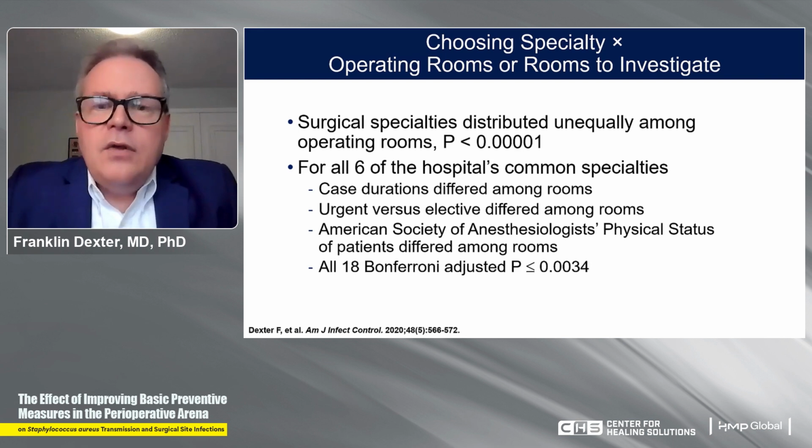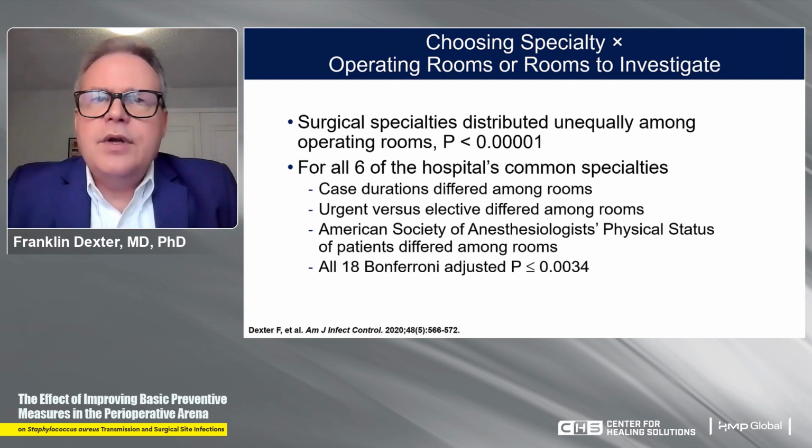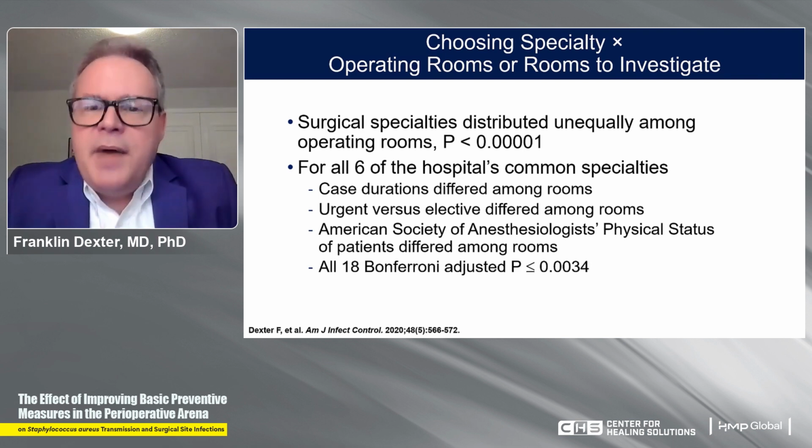So at the start of the lecture, the first data I showed you was from the state of California, that different specialties, categories of procedures, have different incidences of infection. The specialties are not distributed randomly among the operating rooms. Patient risk factors for surgical site infection also differ among operating rooms.